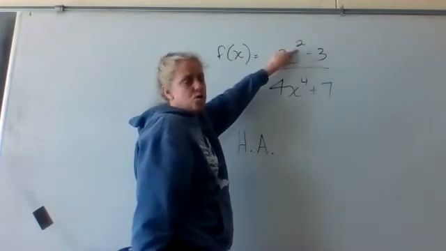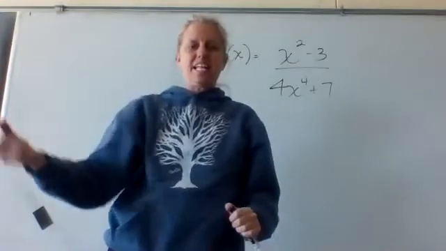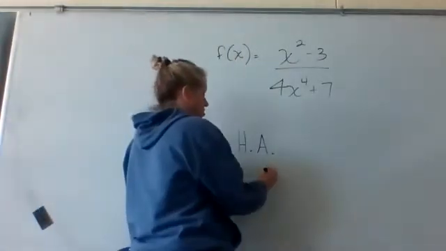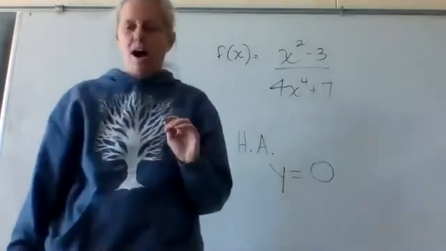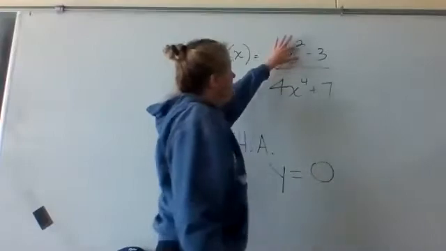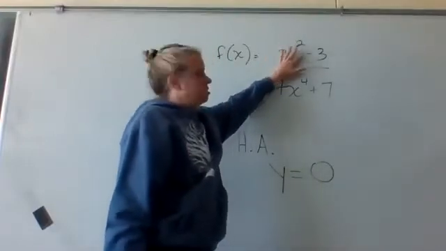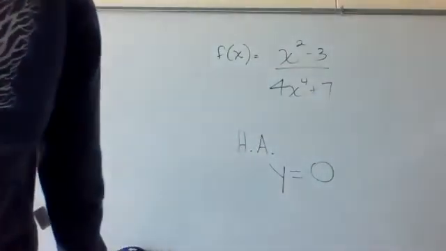Numerator's degree is 2. Denominator's degree is 4. So the numerator's is less than the denominator, which means your horizontal asymptote is automatically y equals 0 for anybody that falls into the category where the numerator's degree is less than the denominator's, y equals 0.